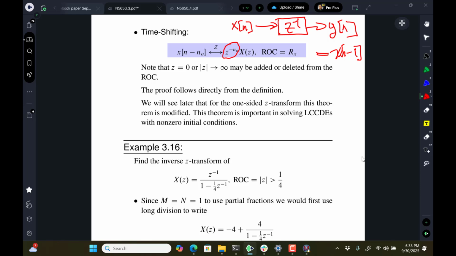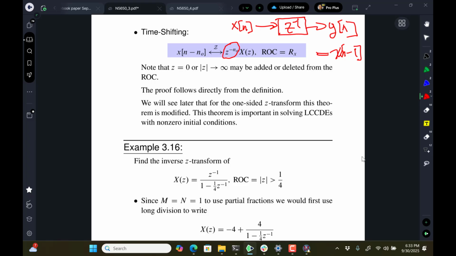Region of convergence: you may add or delete 0 or infinity depending upon what that shifting does. When you shift, you put in that z to the minus something if it shifts to the right, and that's going to exclude 0. If you shift it back to the left, that puts in a positive power of z, and that's going to exclude infinity.